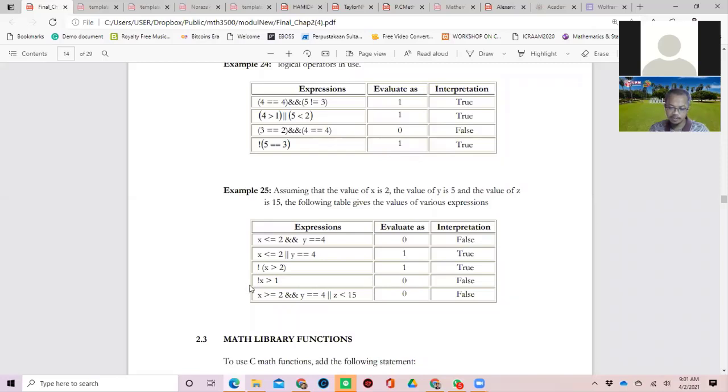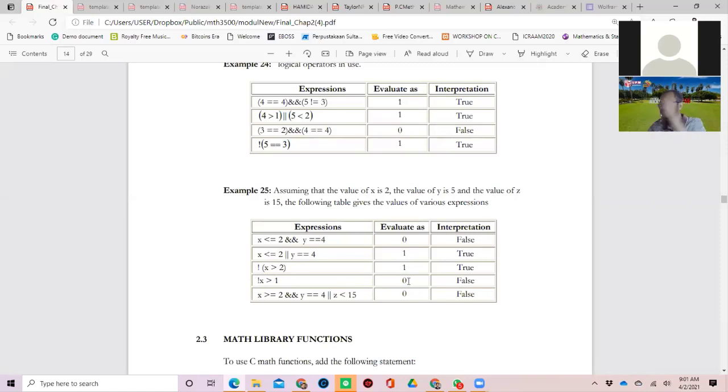But when we consider here, not x, not 2, in C, 2 is true. Not true, true is 1, not 1, the inverse, is 0. Understand? Okay. So 0 greater than 1, 0. False.